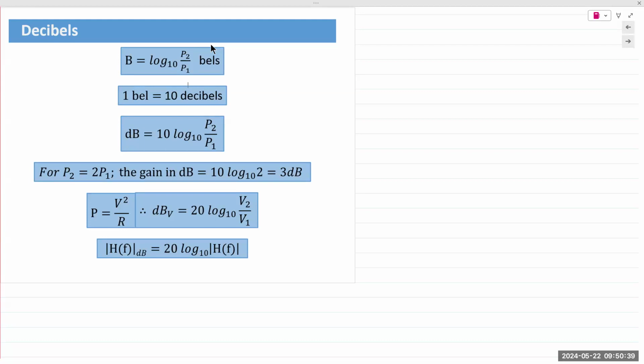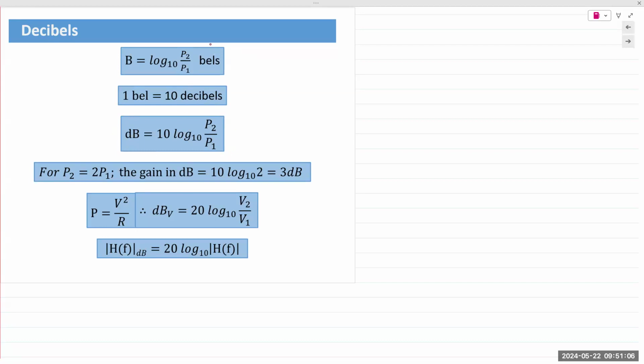So you get 10 bels. That's where you get deci. Remember chapter 1, unit prefixes? Deci, centi, milli, micro. Deci is 1/10, centi is 1/100, and milli is 1/1,000. And so they came up with a new unit called decibels, or dB for short.